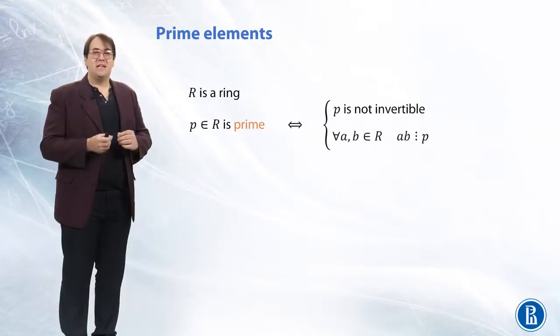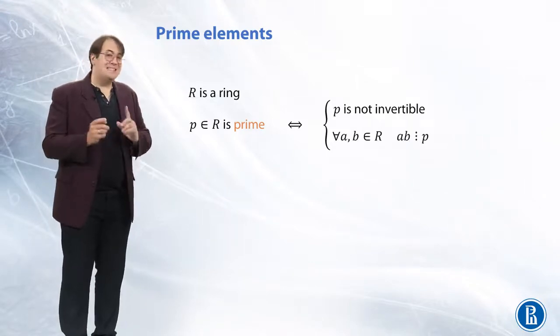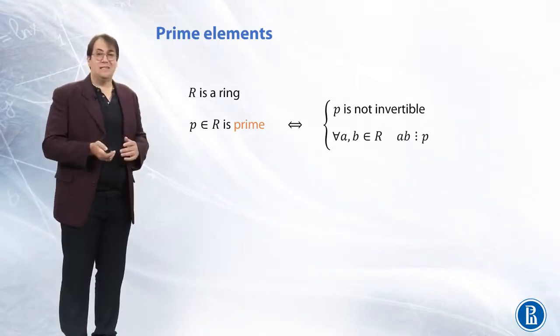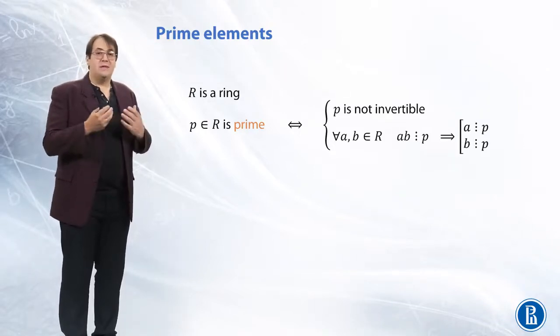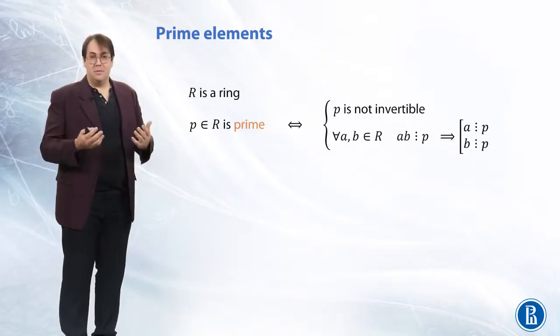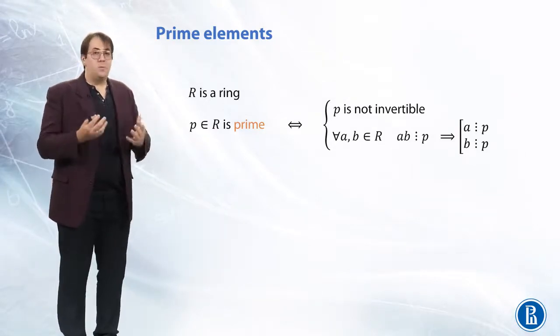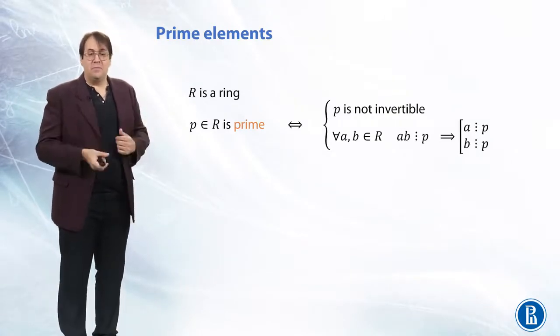And we say that P is prime if for any two elements A and B such that their product is divisible by P, we can conclude from this that either A or B should be divisible by P. So this property actually defines prime elements, prime numbers.